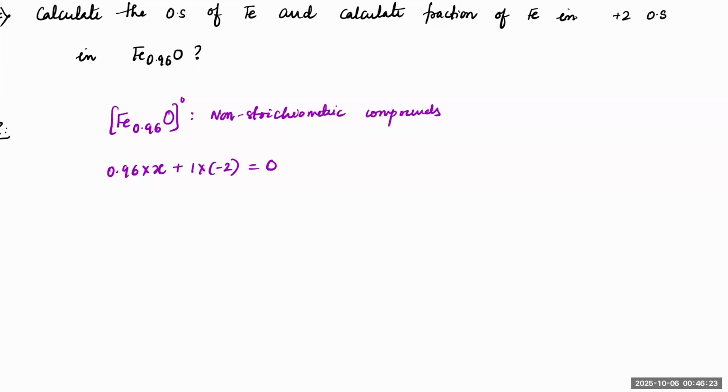Remember, this is how we make the algebraic equation to calculate the unknown oxidation state. So from here we will get x equal to 2 by 0.96. So this becomes the oxidation state, 200 by 96.